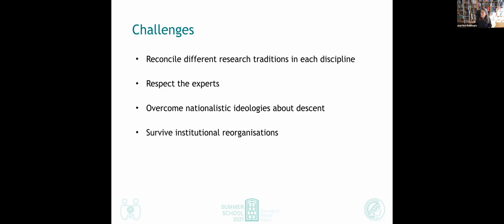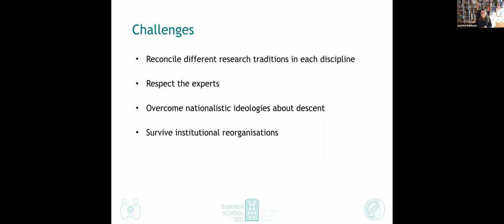Also respecting the big experts, sometimes slash egos. Overcoming nationalistic ideologies about descent, and also, as you probably know, surviving institutional reorganizations.